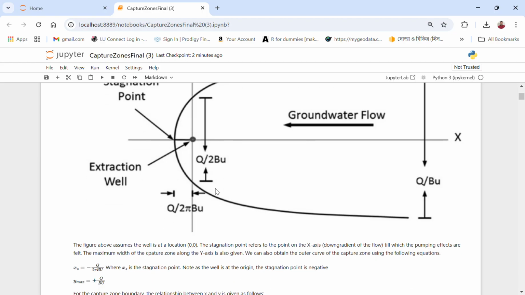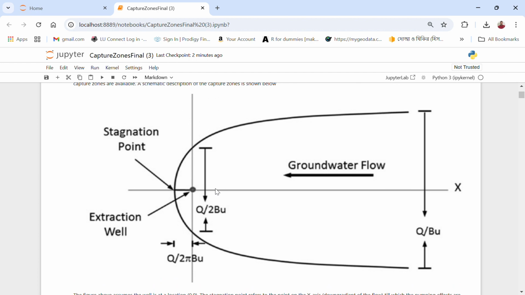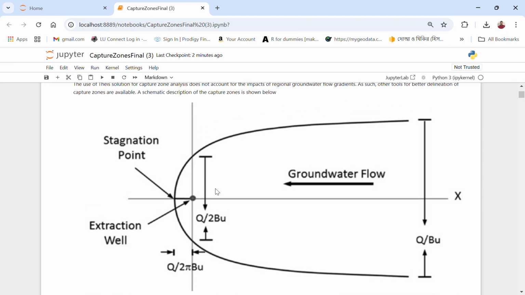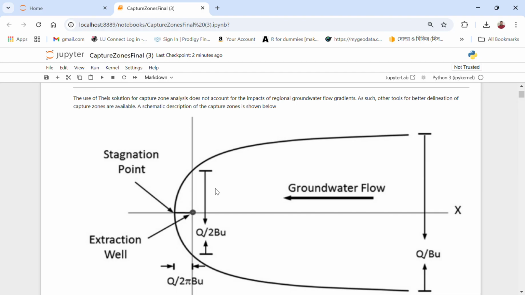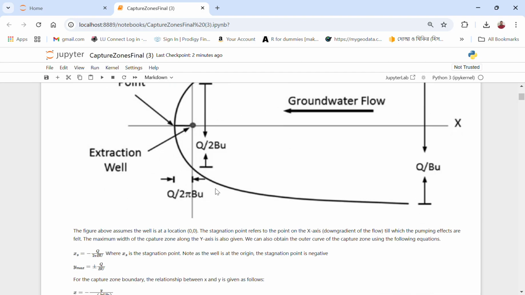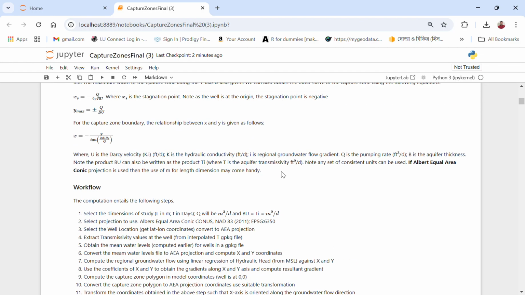we know the water elevation, and we know the geometry, that is latitude and longitude, and that geometry is the geographical coordinate. In this project, we convert this geographical coordinate into the projected coordinate, that is Albers equal area conic projection, EPSG 6350.